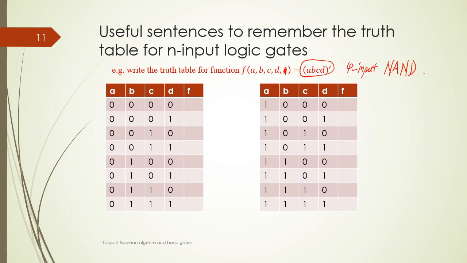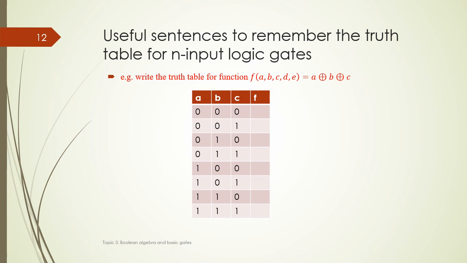So you just find the last case, all inputs are 1, put a 0 here, then all the others have to be 1. So you can quickly fill out the truth table.